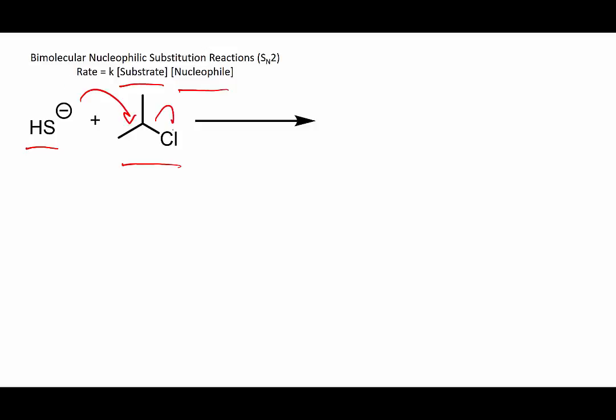The rate of such a reaction is based off of some constant and the concentration of the substrate and the nucleophile. So, take our example here. We have a thiolate as our nucleophile. We have a substrate with a leaving group. The thiolate will attack the carbon here and kick off the chlorine, giving us our products.